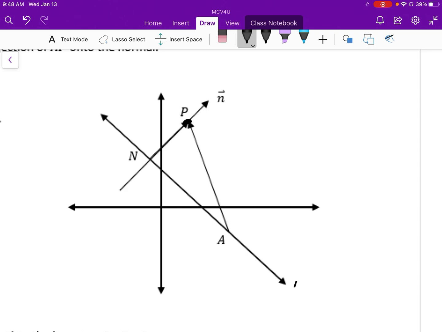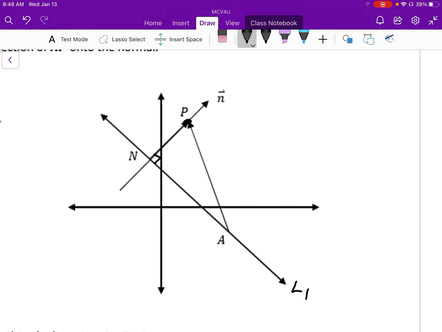Our line could be considered this one, through A and N. N is the capital N, the point directly under P, so that PN is perpendicular to AN.